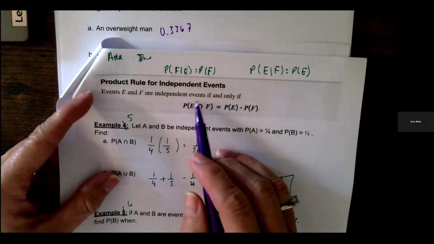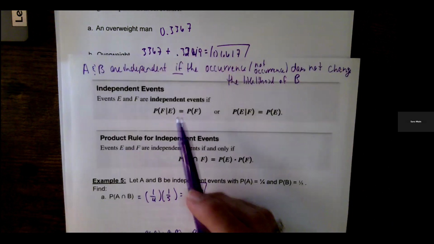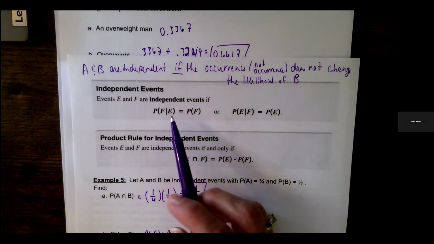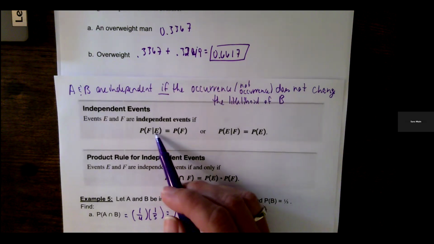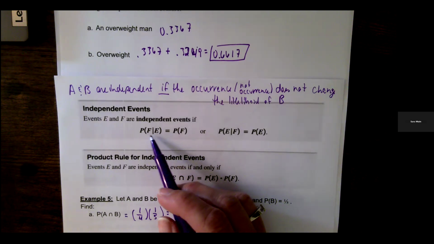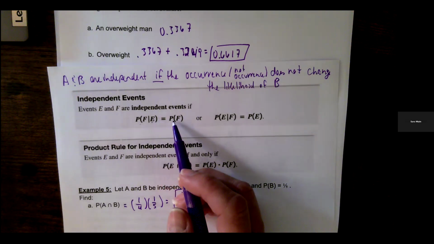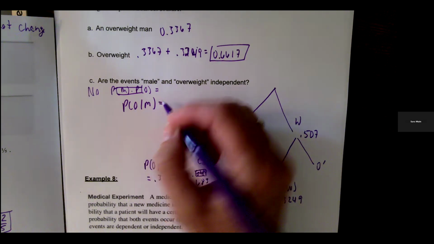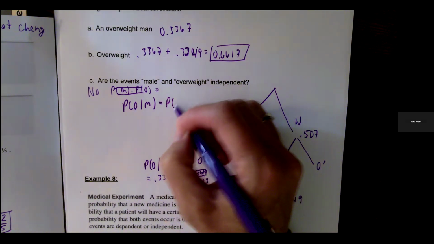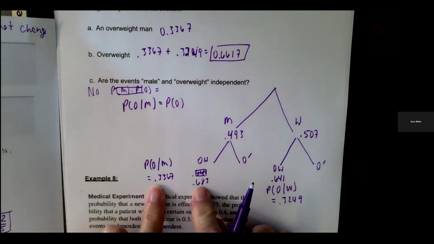If they're independent, then the probability of being overweight given they're male should equal the probability of being overweight. And they're not the same.